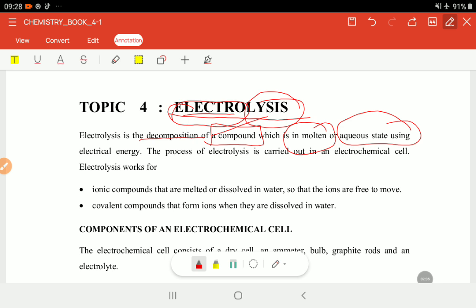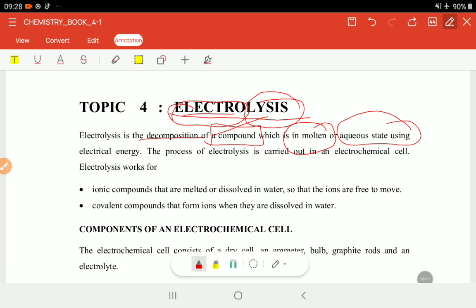In molten form, we know melting is when we heat a substance until it becomes liquid. Let's say sodium chloride, when heated to somewhere around 800 degrees Celsius, it melts. So it is not dissolved in water, we have just melted it. The aqueous state is different: there we are using water to dissolve it, while in the molten form we have subjected it to too much heat.